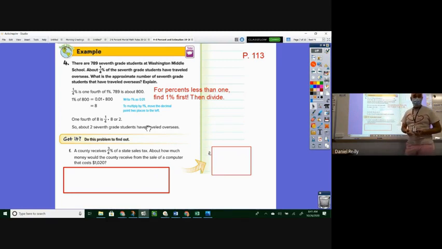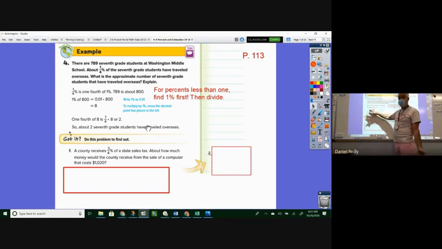In these problems that are less than 1%, the first thing you do is find 1%. We'll make this number 800, so the math is easy. 789 is about 800. 1% of 800 is 8: divide by 100, remove the decimal 2 places, drop off 2 zeros.